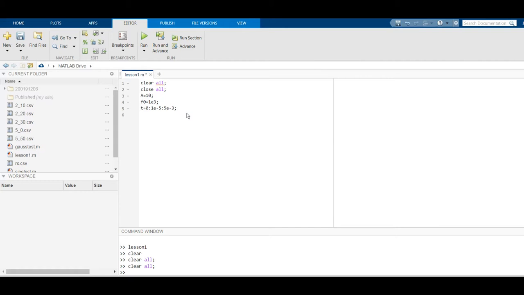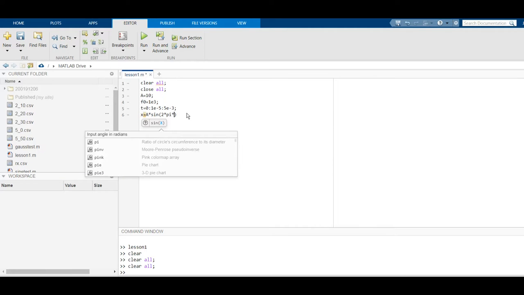And now, say I'm defining x is equal to A star sine star 2 star pi star f0 star t. Star goes for multiplication, slash goes for division, plus and minus go for addition and subtraction respectively.